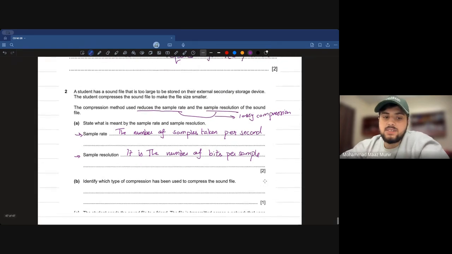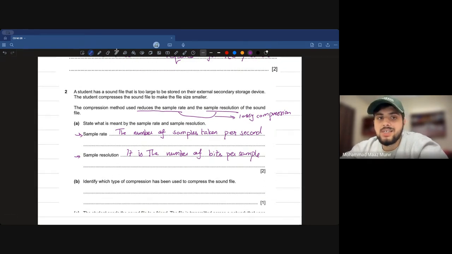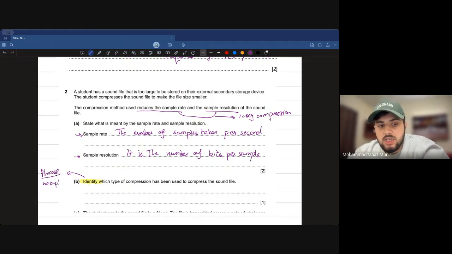And now the last part says identify which type of compression has been used. They did not say explain, they did not say describe, they just stated the word identify, which means one word or maybe one phrase. No explanation required. So here you don't need to give them a reasoning why lossy compression.